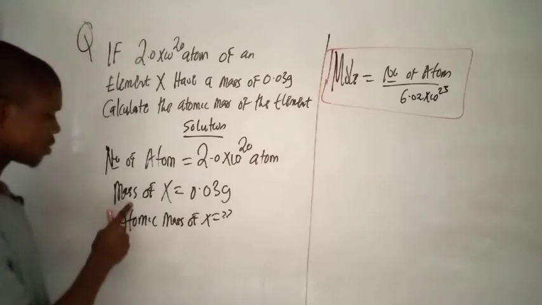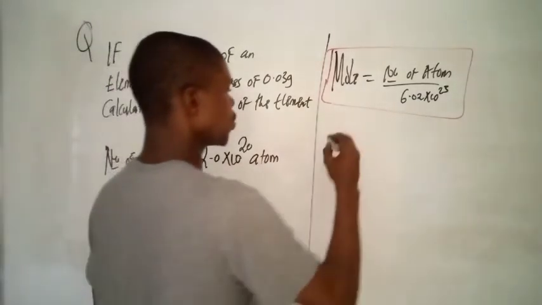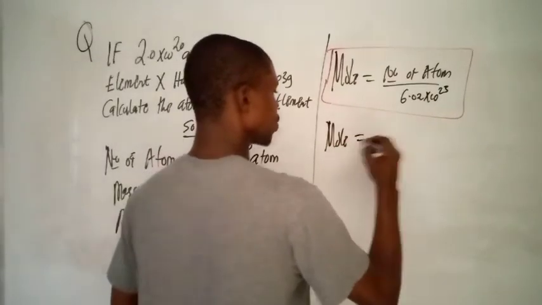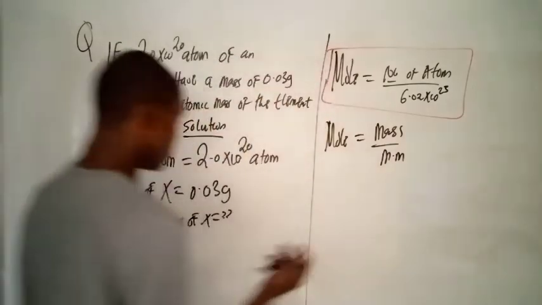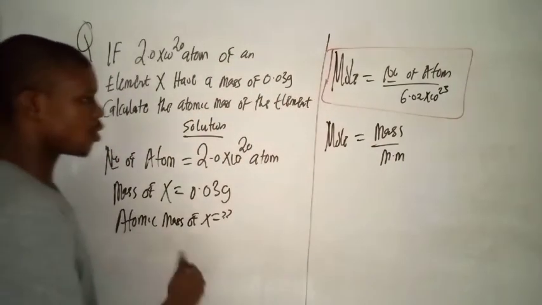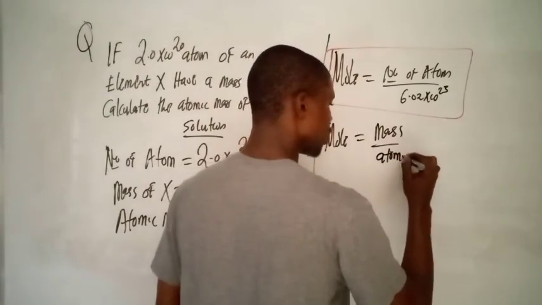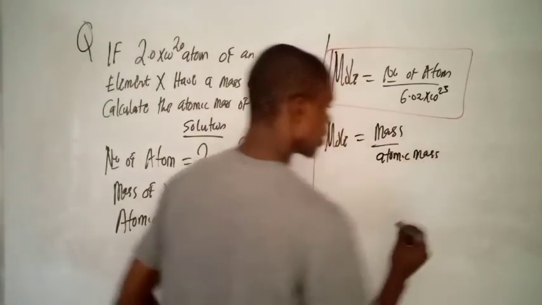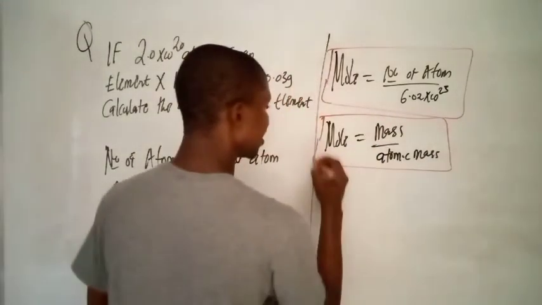Next is mass. They give us mass here. So which formula relates to mass? Mole equals mass over molar mass. But because we are talking about the element, we are going to go to atomic mass.